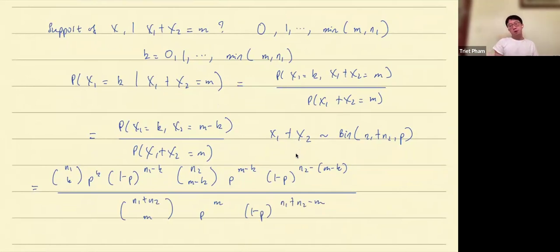Okay, so that's the calculation so far. And notice, it's a pretty routine calculation, but you need to be able to use the joint of x1, x2, as well as recognize how the sum interacts.